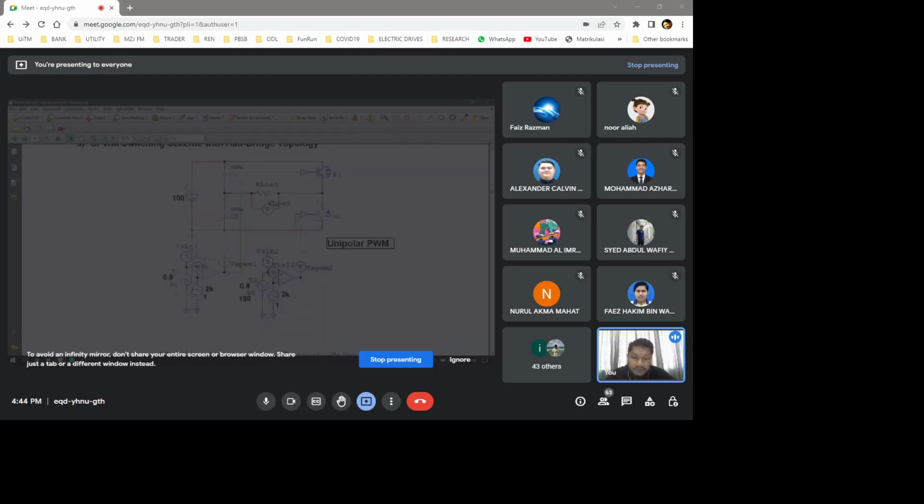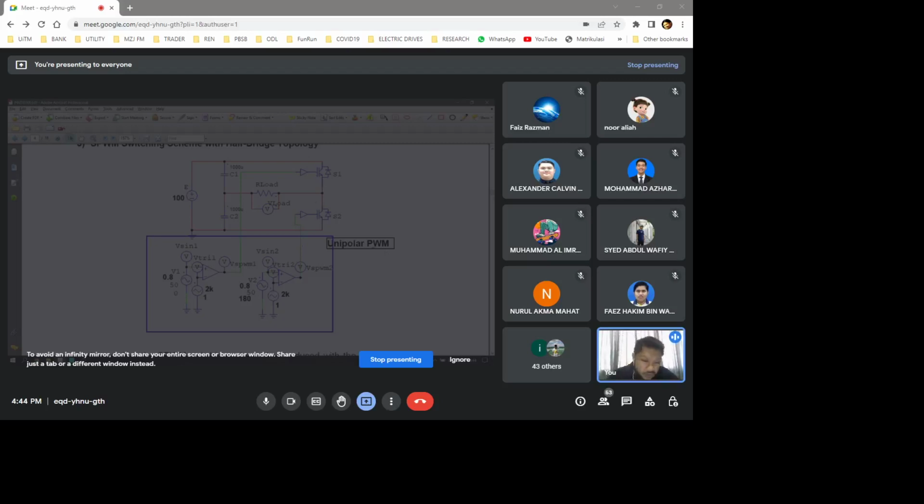And finally, we have this PWM, pulse width modulation signal. We have the same circuit, same switch, half bridge, but the method of how you give the control signals to the switches is important.